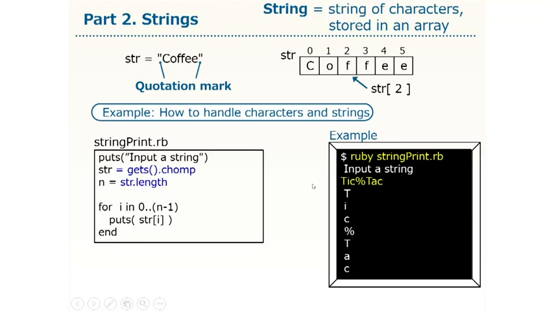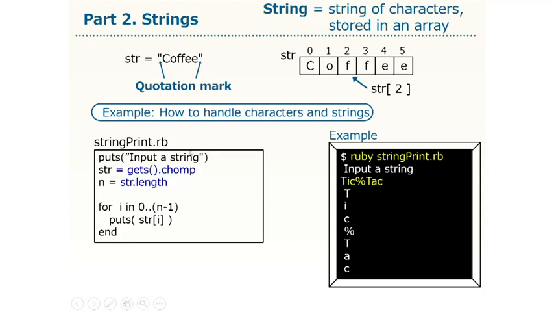Now, let's go ahead and take a look at the program. Let's examine the program from the first line. The first statement is the puts command. By this command, the message "input a string" is displayed on the screen. That is, the computer asks the human to enter a string.